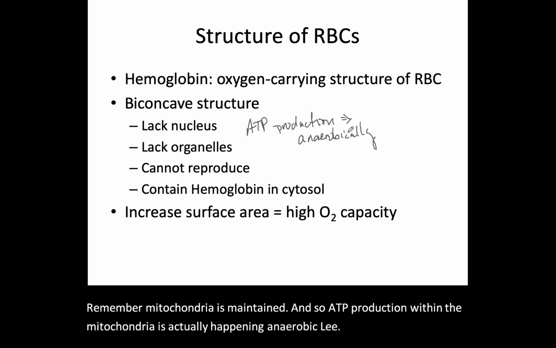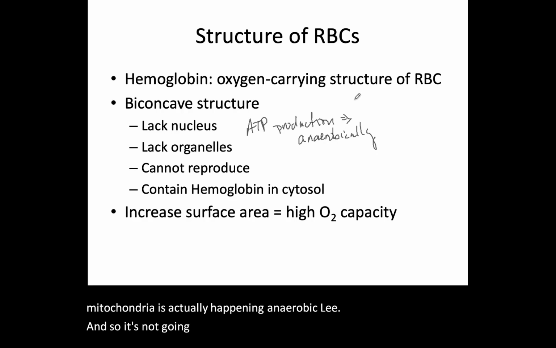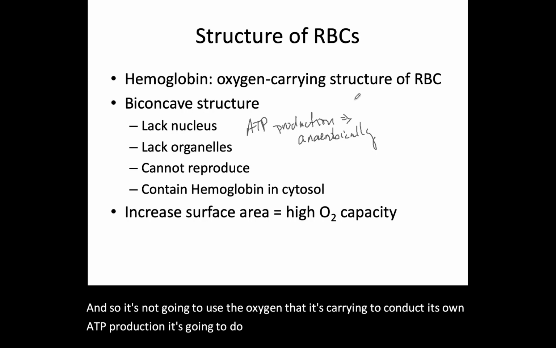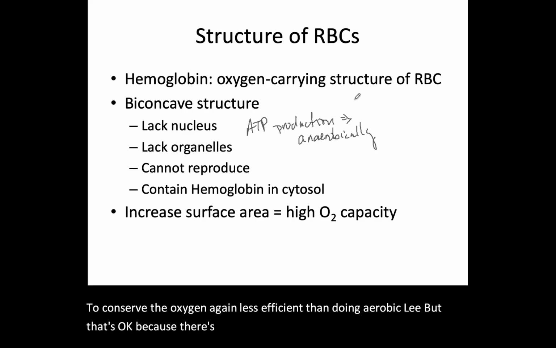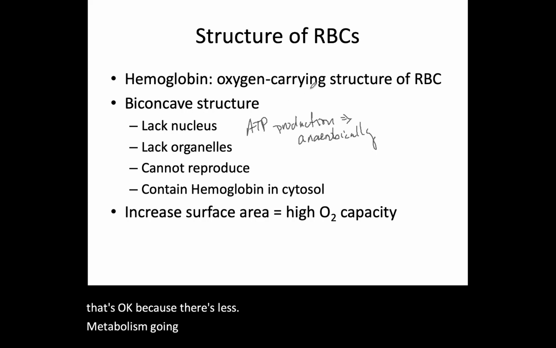It's not going to use the oxygen that it's carrying to conduct its own ATP production. It's going to do this anaerobically to conserve the oxygen. Again, less efficient than doing it aerobically, but that's okay because there's less metabolism going on within the red blood cells, and so that's perfectly acceptable.